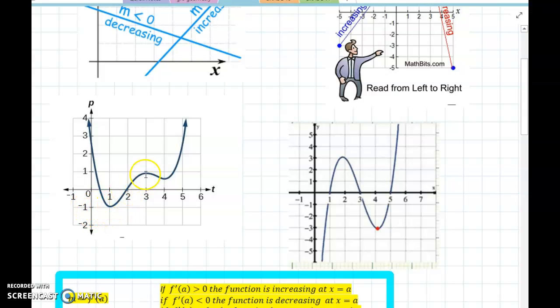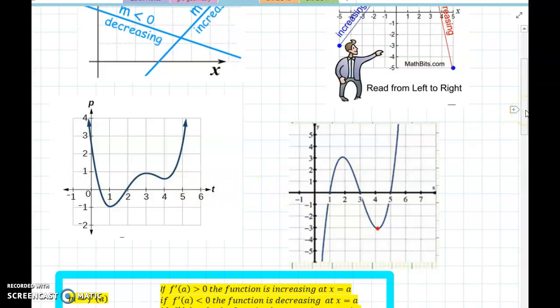If I draw a tangent anywhere on this part of the graph, the gradient would be positive. The function is increasing. Again, at this point, a tangent to the graph would be horizontal. And on this side, the gradient of the tangent anywhere would be positive.